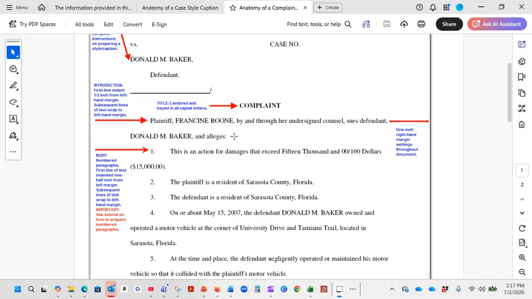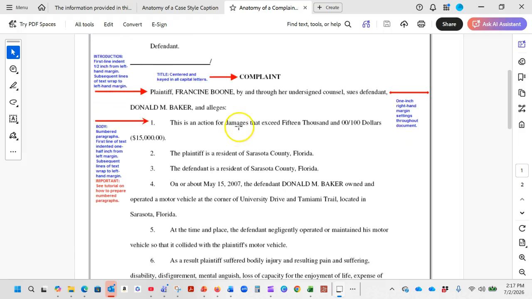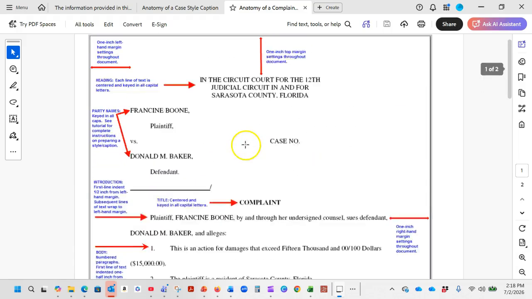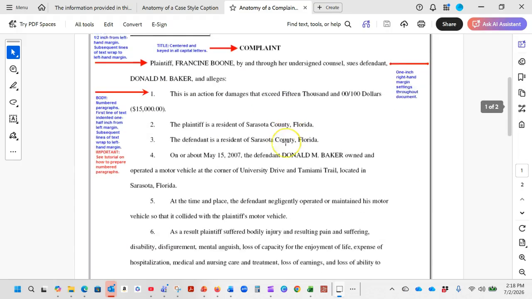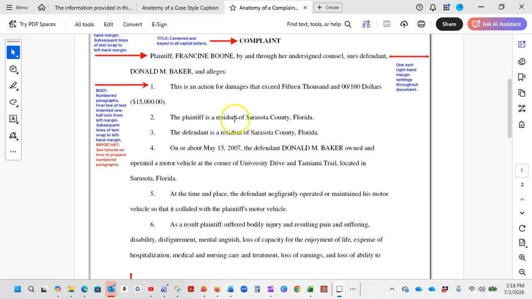So initially we set that off. And then the jurisdictional points, like action for damages. This says $15,000. This was made in 2008, so this amount for this court is incorrect. It needs to be updated.